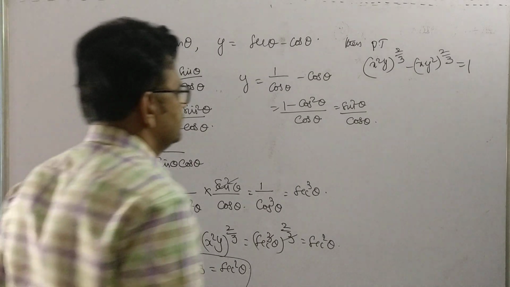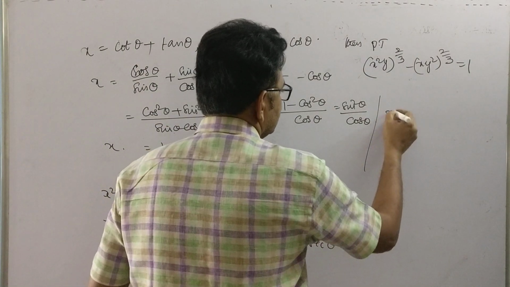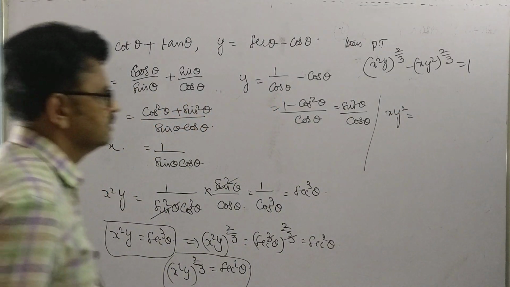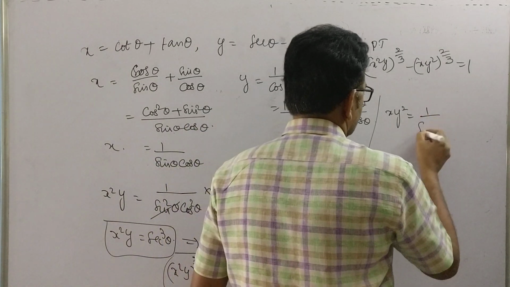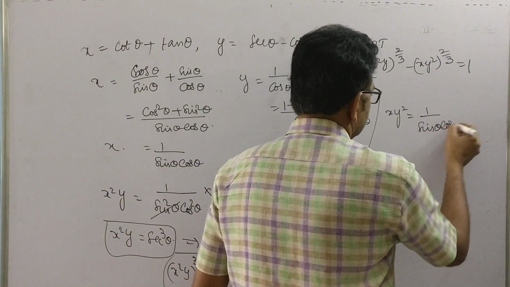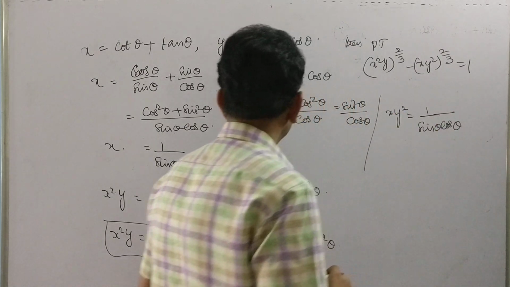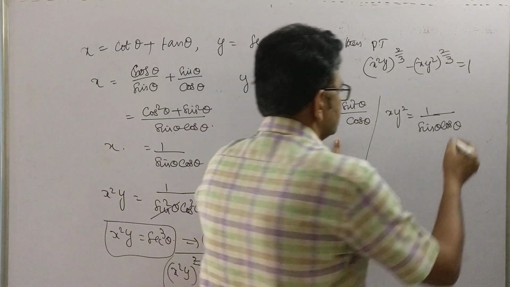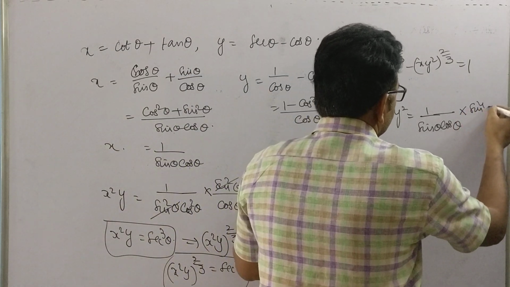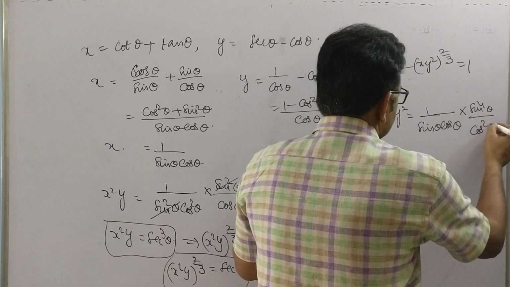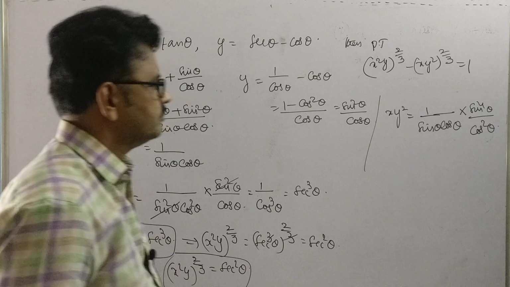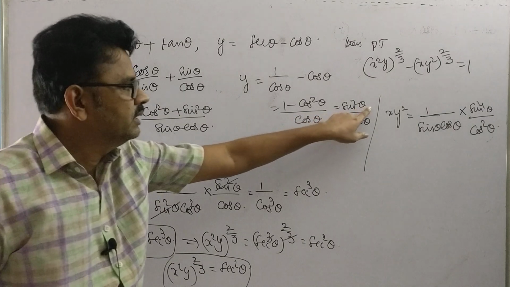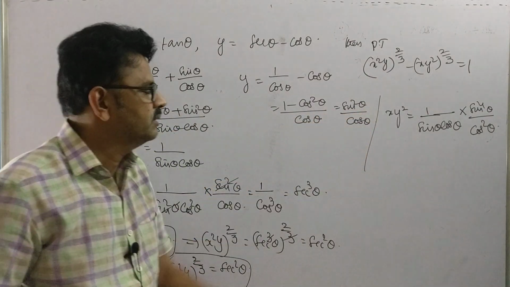And similarly, write xy square equal to, where x is equal to 1 by sin theta cos theta, into y square. This y square is sin power 4 theta by cos square theta.